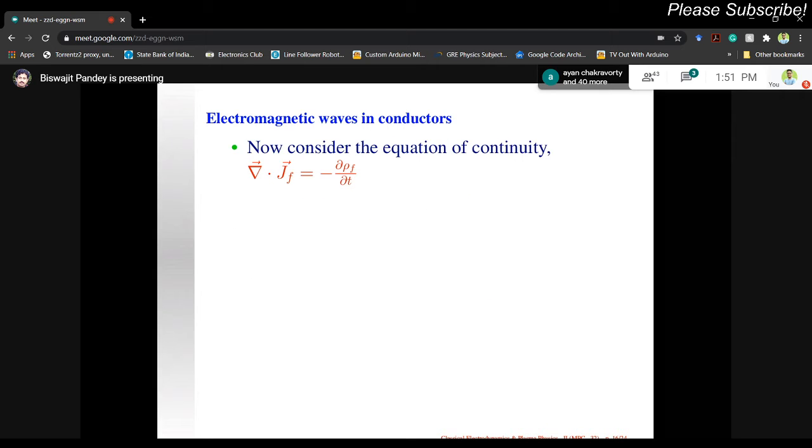Now you see, when charge flows from one region to another, charge is conserved. You know it from the equation of continuity, right? So you have the integral of J dot dA equal to minus dq/dt. Suppose a volume contains an amount of charge q and it's bounded by a surface S. If charges are coming in or flowing out from that volume, they must be conserved, right? So the flux of the current density, J dot dA, has to be equal to the rate of change of the charge inside that volume.